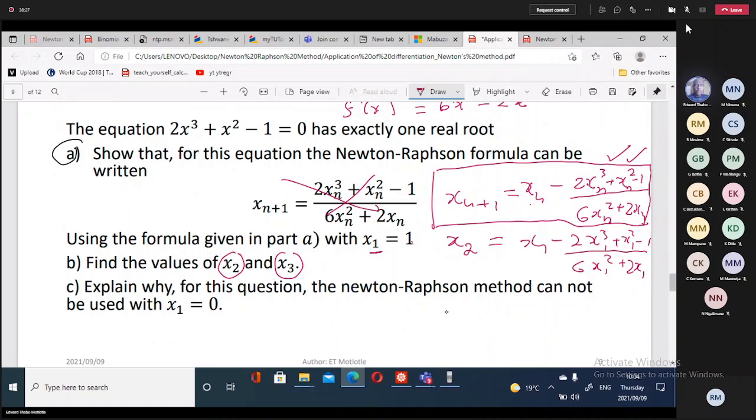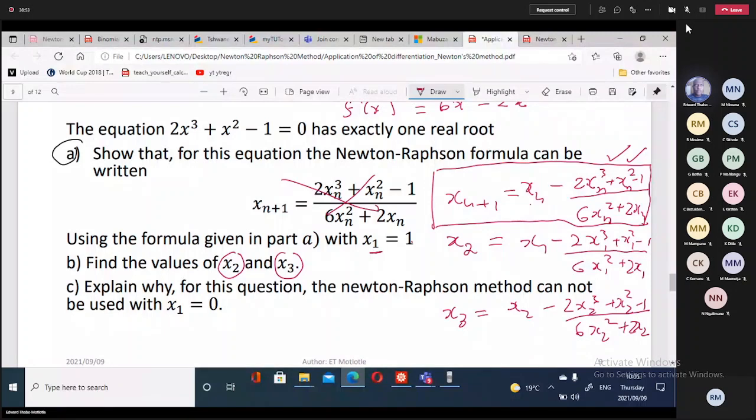x3 will be equals to x2 minus 2x2 to the power 3 plus x2 squared minus 1, all over 6x2 squared plus 2x2. So now let's determine the way we have been doing. I'm going to use a calculator here just to determine those answers.